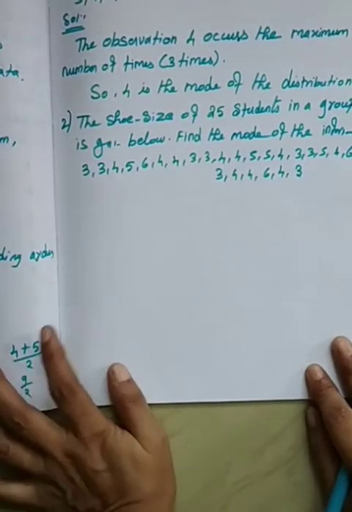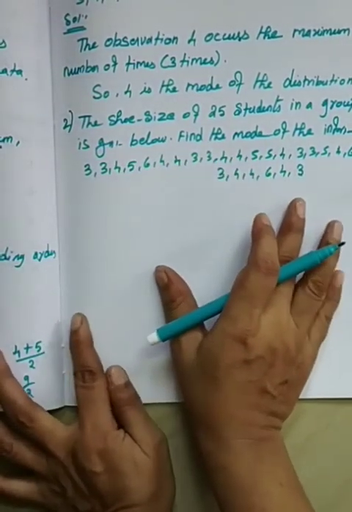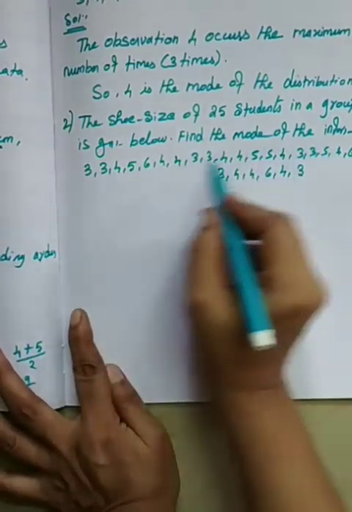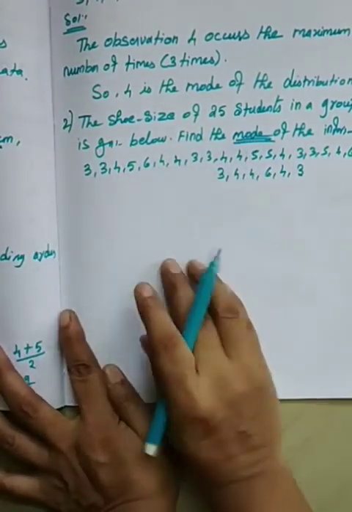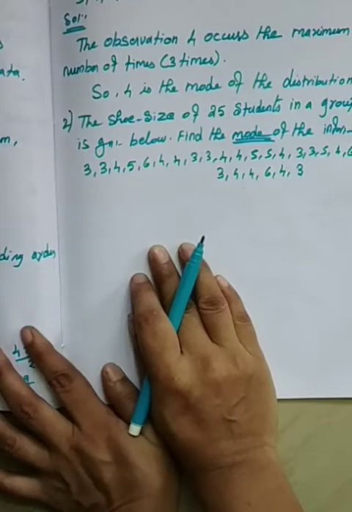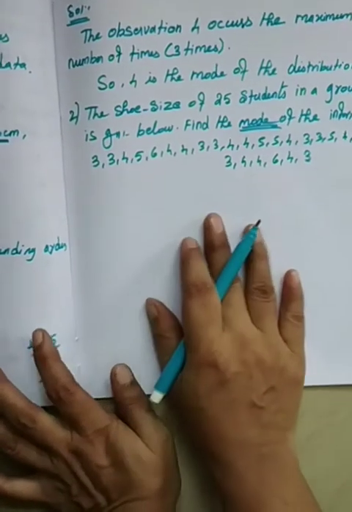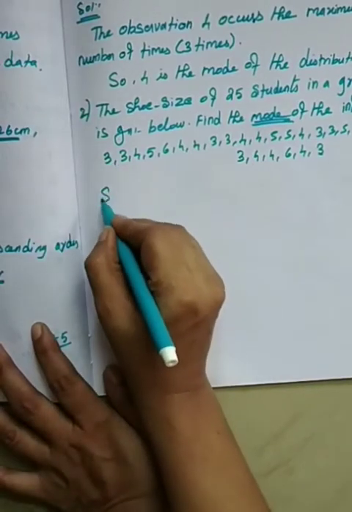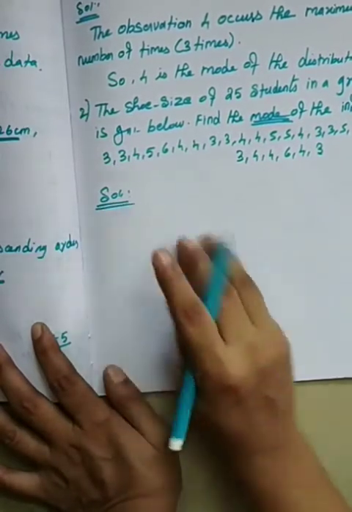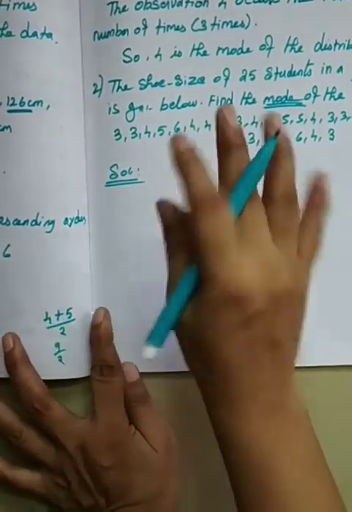Okay, so this is very large data. Now you have to find the mode, so you have to draw the table. Let us tabulate the data first.